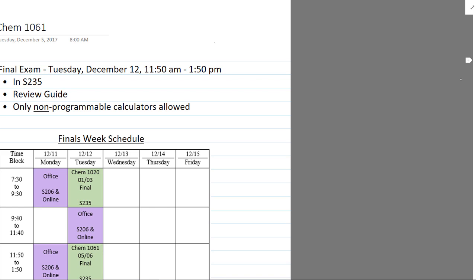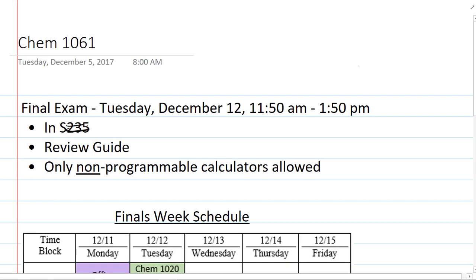So we'll probably begin about 11:55. It's going to be not in S235, it's going to be in S245. This room right here. You do have a review guide, which we passed out. And again, no programmable calculators are allowed.